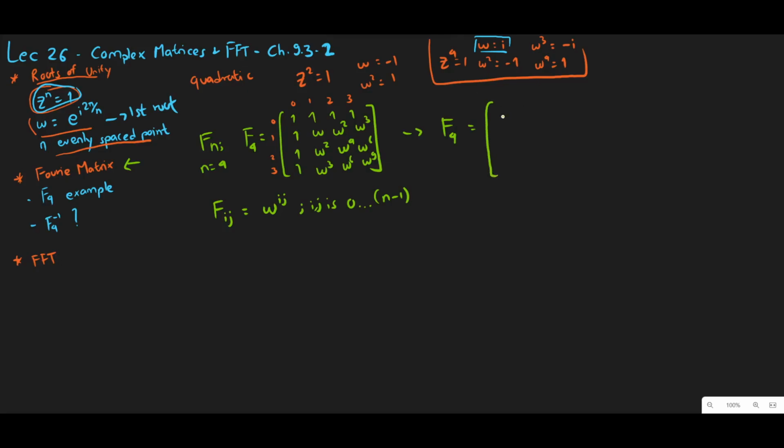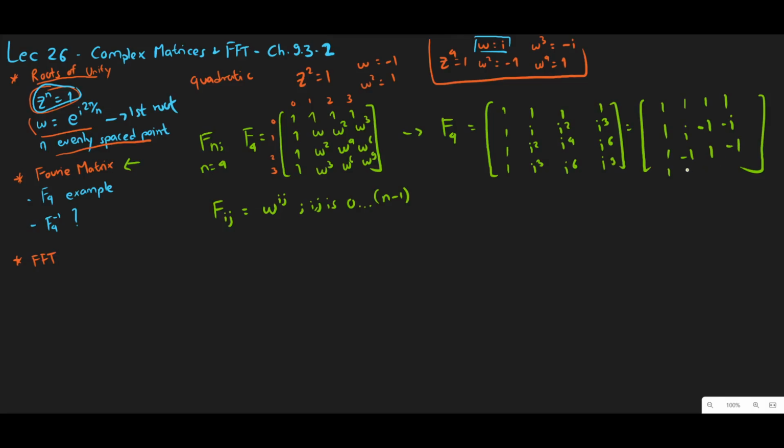Let's plug those numbers in. 1, 1, 1, we have 1, i, i squared, i cubed, i squared, i to the fourth, i to the sixth, i cubed, i to the sixth, i to the ninth, and this is equal to, let's see here, 1, 1, 1, 1, still 1, 1, 1, i, minus 1, minus i, 1, minus 1, 1, minus 1, 1, minus i, minus 1, i.